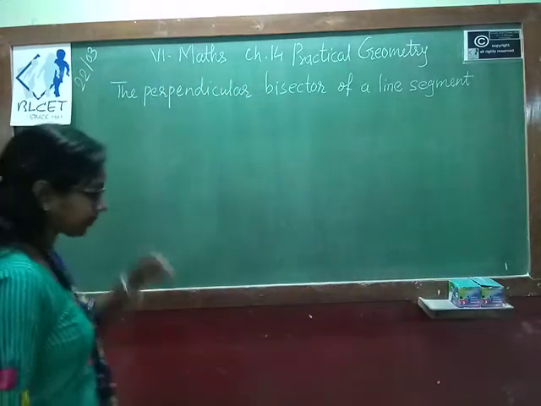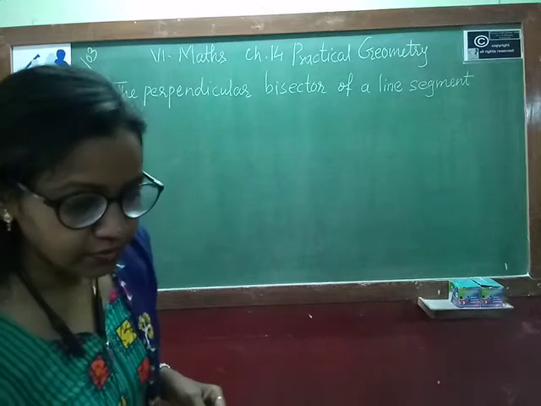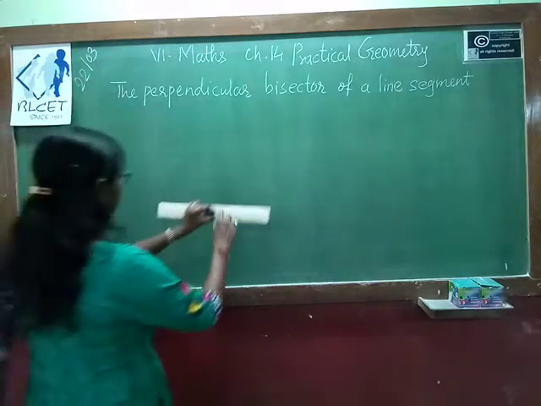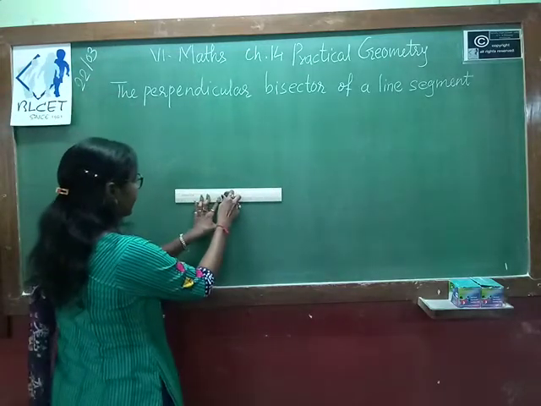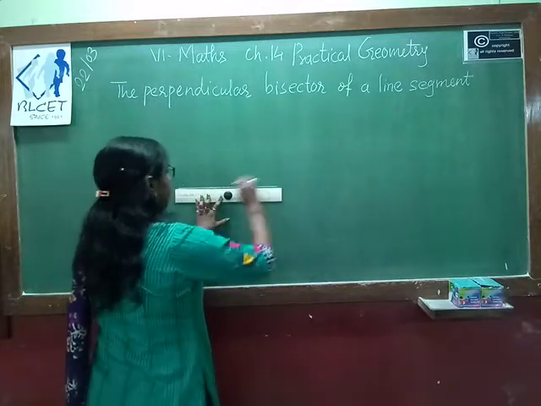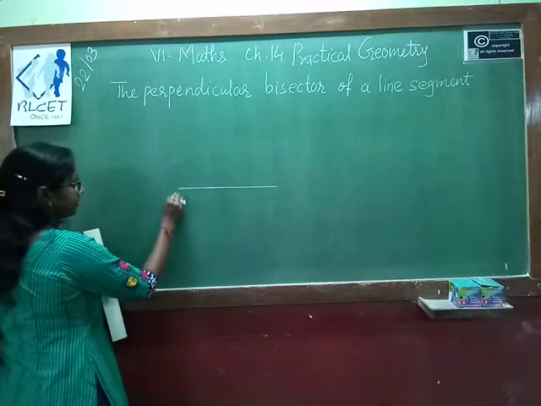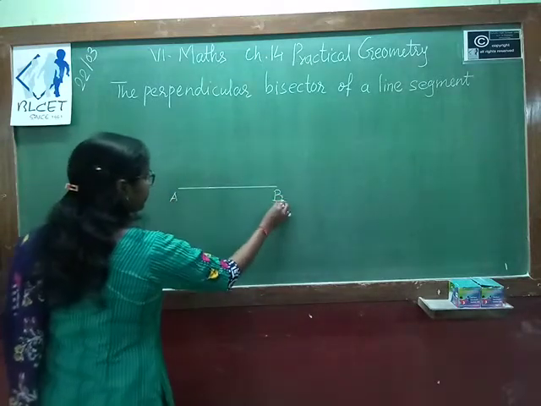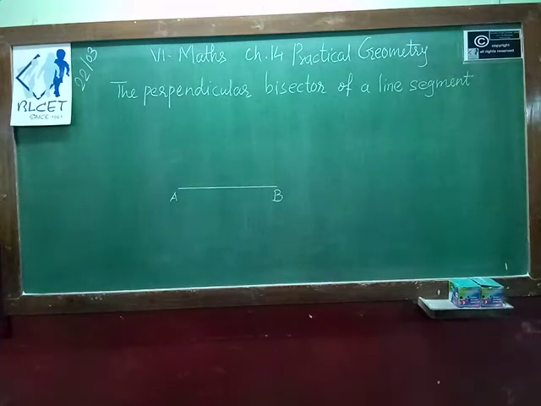So let's see. First we draw a line segment of any measurement like this. Name it as AB. This is your first step. Then what we have to do?